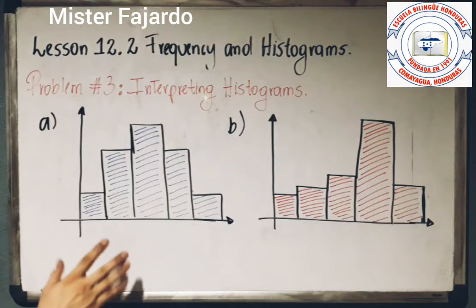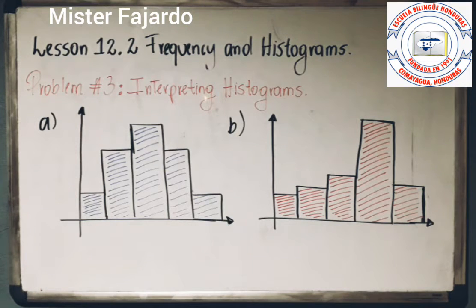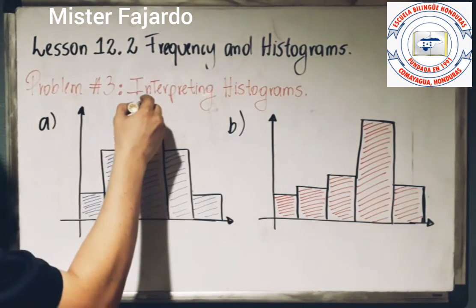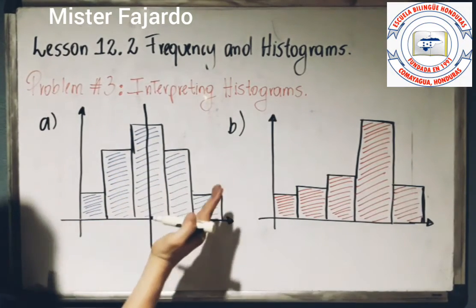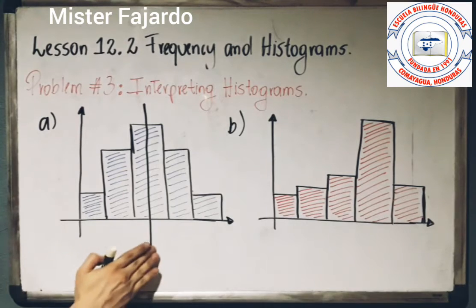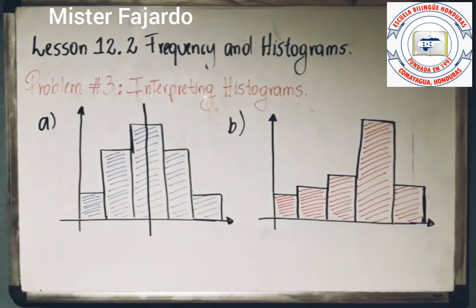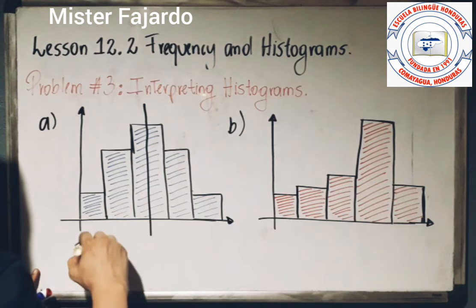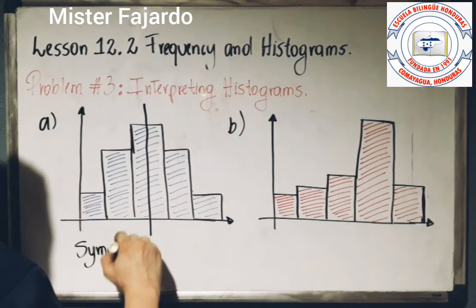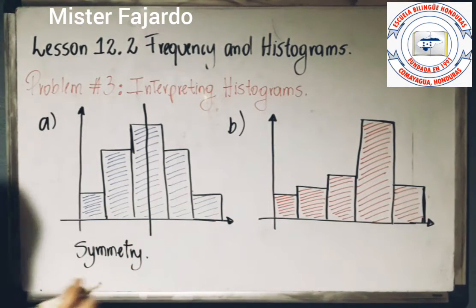That is going to be that case, because if we divide this, for example, like here, you can see that that side is close to being equal to that side, like a mirror. That means that the example that we have here is symmetric, okay? Really easy to understand, okay?